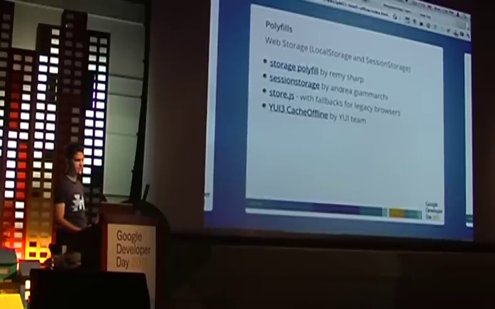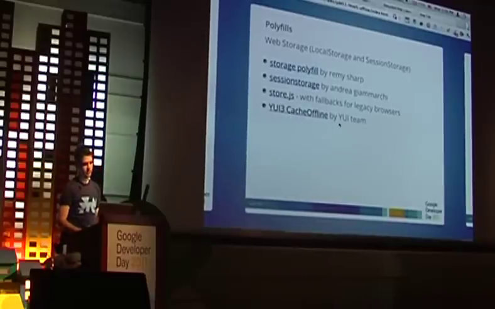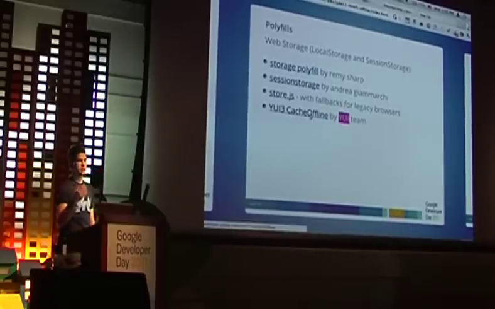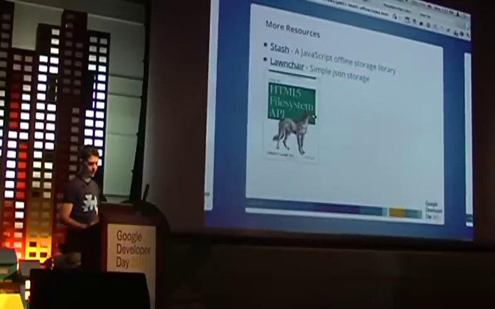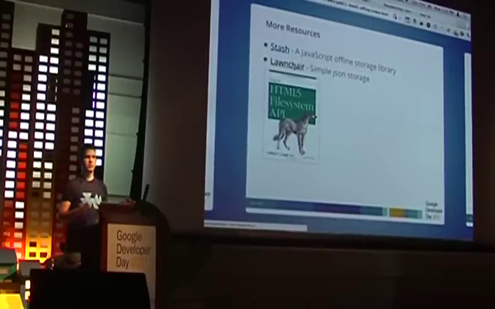So Remy Sharp and Andrea Giamarchi have written small libraries that add it. Storage.js is another good one, and if you use YUI, there's a great offline caching library for that. Stash is another one, and Lawnchair, like I mentioned before, is great for normalizing between WebSQL and IndexedDB and a few others.